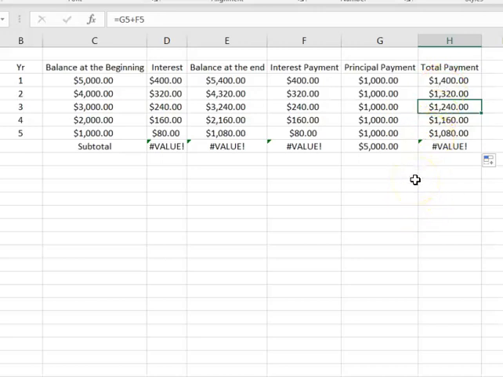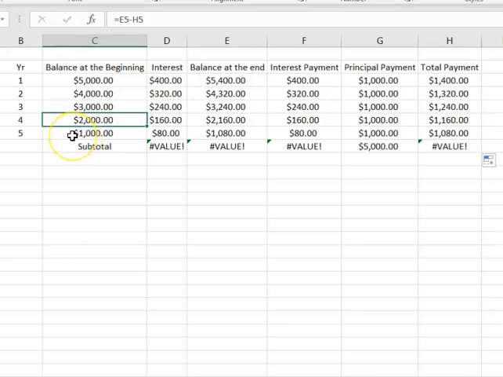In regular mortgages that we pay fixed amount of money, the principal is not the same. It always increases month to month.